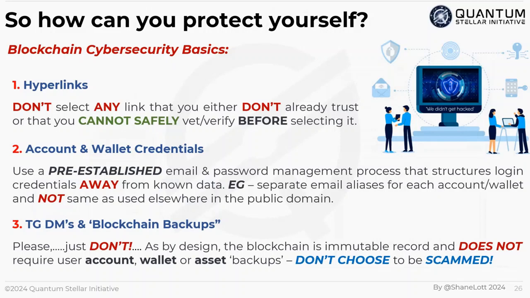So if you have at this point in time, again, we're in the sandbox, it's time to beta test and get things right. Set up email aliases so that your Lobster wallets or your blockchain accounts that you log into, they're an alias to a primary email address. So for example, I don't have a Lobster Wallet Stellar account under my primary Proton email address of shane@protonmail.com.